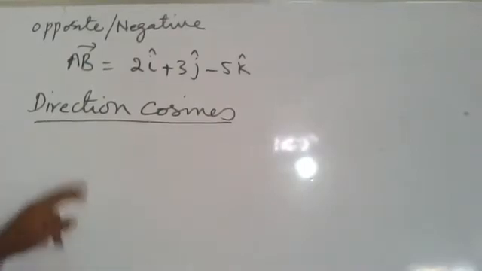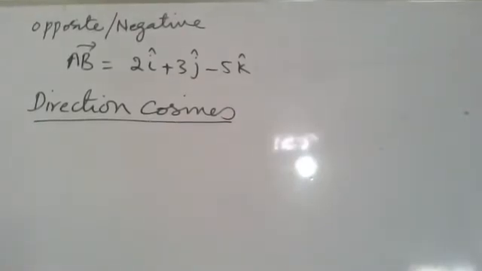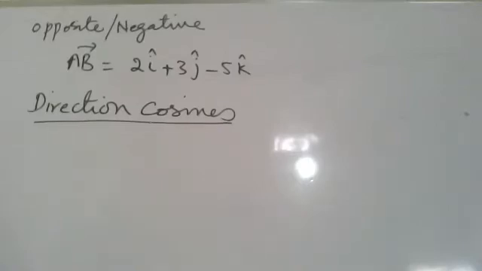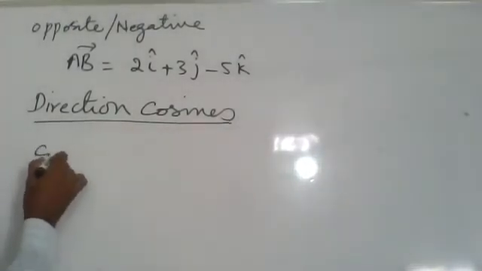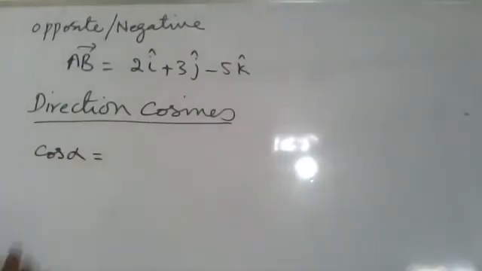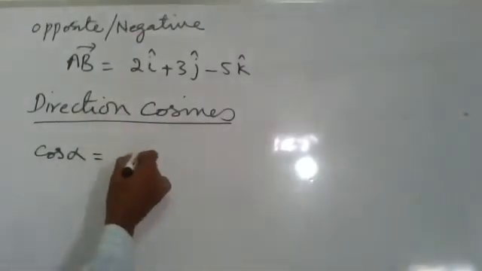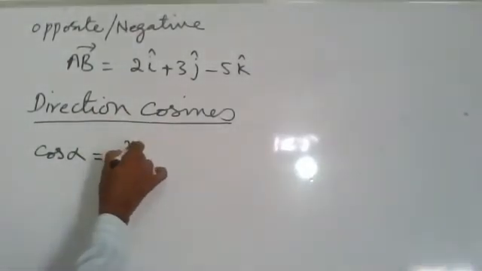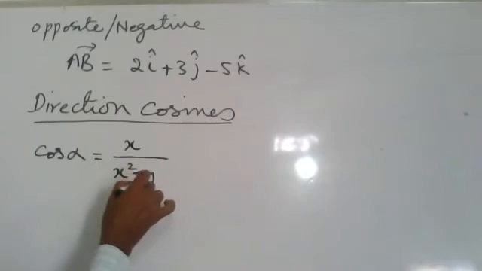Okay. So direction cosine, how to find? I told you the vector makes the angle alpha with the x-axis, angle beta with the y-axis, and angle gamma with the z-axis. Cos alpha will be equal to the i component of the vector, that is x, upon the magnitude of the vector, root of x square plus y square plus z square.